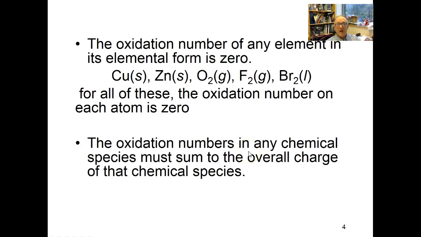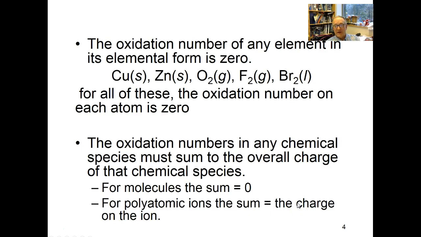Another rule. The oxidation numbers in any chemical species must add up to the overall charge of that chemical species. So in a compound, a neutral molecule, the sum of the oxidation numbers has to add up to 0, since it's neutral. If you're looking at a polyatomic ion, the sum of the oxidation numbers has to equal the charge on the ion.